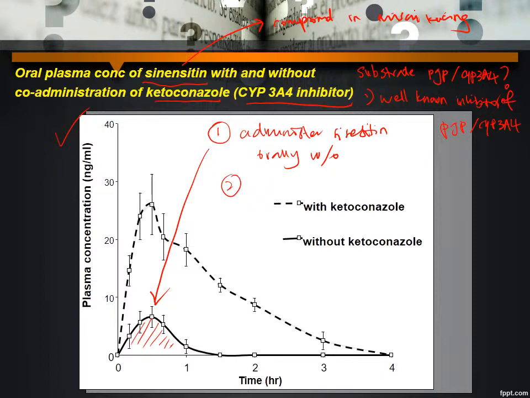And in the second phase, after the washout period, let's say after 2 weeks, the same patient, the body is clear of ketoconazole, and then again we administer ketoconazole orally plus sinecytin, and we see how ketoconazole can affect the blood level of sinecytin.